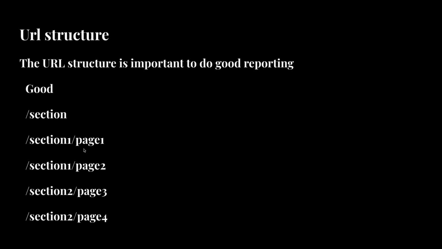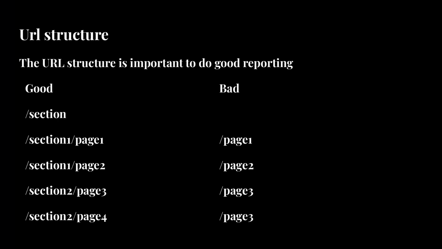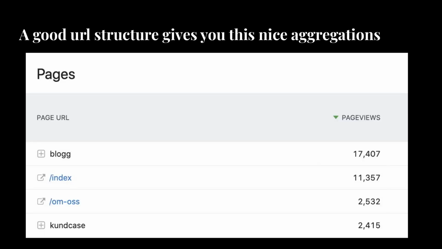And since Matomo is a stupid system, it will just take the URLs as you send them to Matomo. A bad example is if your CMS will have this kind of structure. This is also bad if you're into SEO, of course. But the point here is if you go to your page views report, you will see something like this if you do a nice URL structure.